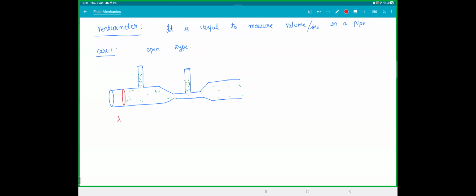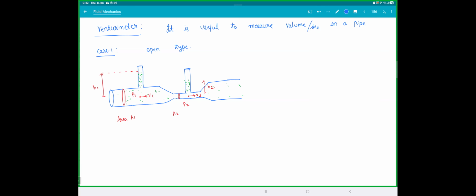Let this area be A1, the pressure be P1, and the velocity be V1. This height of the liquid here, let it be H1. Here, this is V2, the pressure is P2, the area is A2, and let this height be H2.